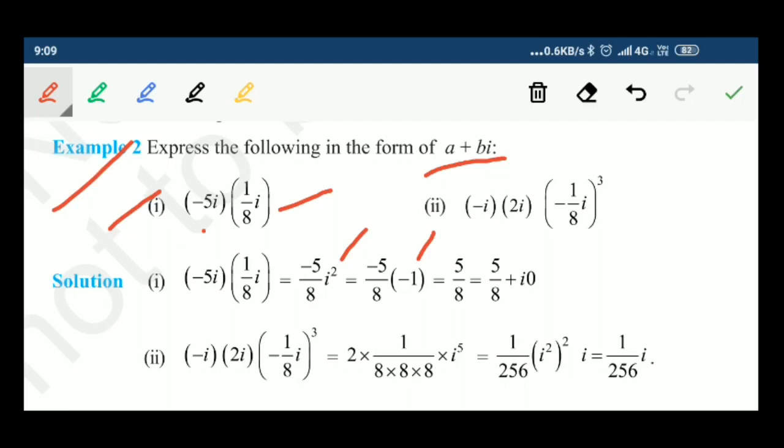This is minus 5 upon 8 times minus 1. So here we will get 5 upon 8, but you can see iota is missing here. So we can write down 5 upon 8 plus iota 0. Now you can compare, your real part is 5 upon 8 and imaginary part b is equal to 0.